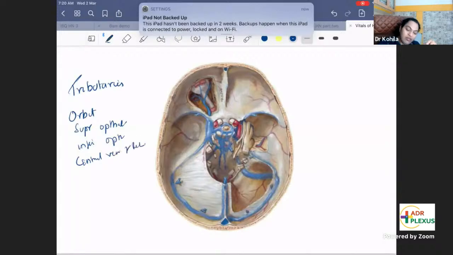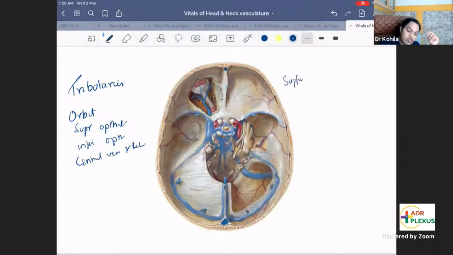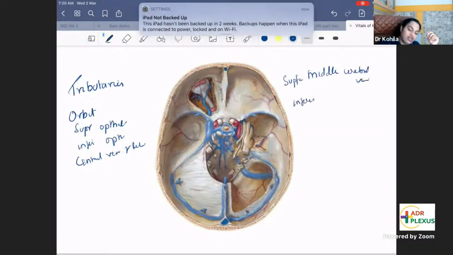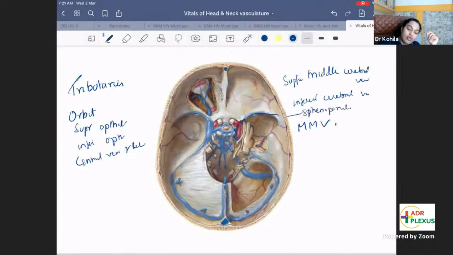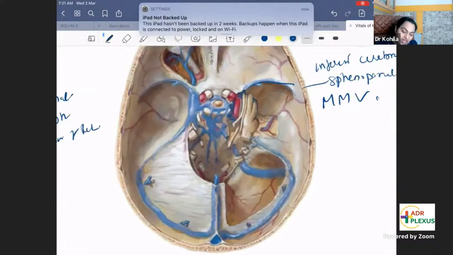And from the brain, the cerebral veins, the superficial middle cerebral vein, inferior cerebral veins, and the anterior division of middle meningeal vein, and the sphenoparietal sinus. These are the tributaries of cavernous sinus.